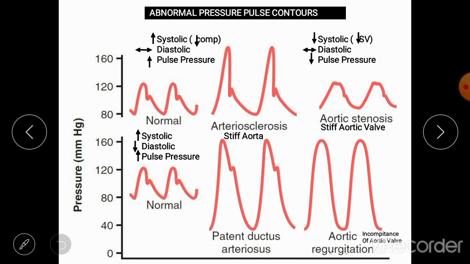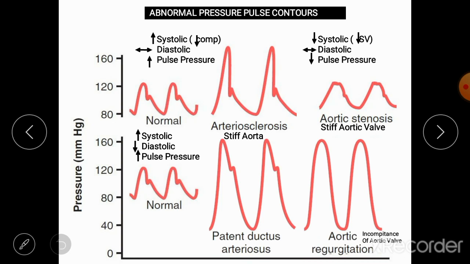So what happens in this condition is that during diastole, when the aorta recoils, the blood, instead of moving into the peripheral arteries, moves back into the ventricle through the open aortic valve, and this results in decreased diastolic pressure, just like the blood which moved into the patent ductus arteriosus and reduced the diastolic blood pressure.